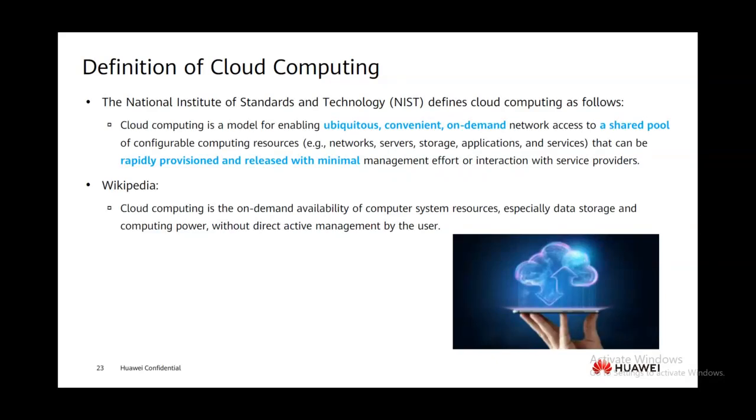AWS, Amazon, and all these can give you storage space. They can also create virtual machines for you to use as servers, applications and services. If you need it on demand, they provide it to you because they have a pool of resources. Pool of resources means they have many data centers that are pooled together to give you these resources.